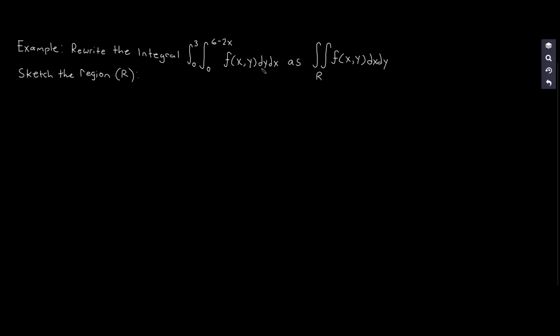The dy bounds of integration are saying that y is between 0 and 6 minus 2x. And for x, it's saying that x is between 0 and 3. So let's just write that out.